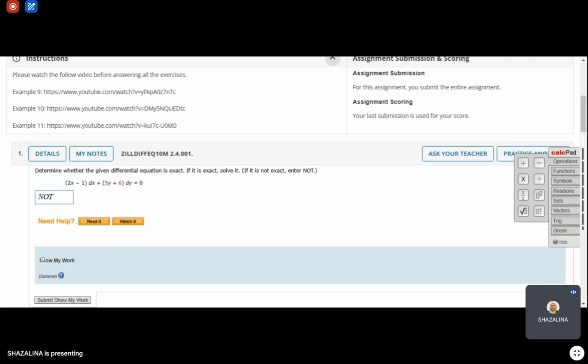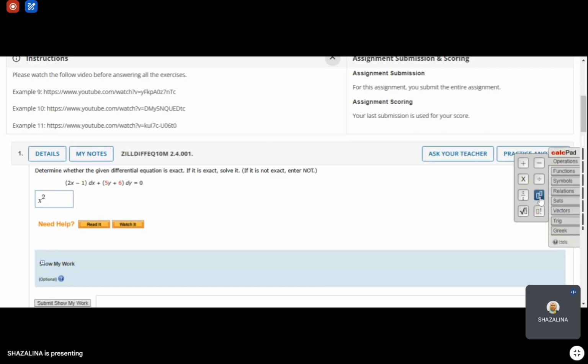If this is exact, you need to solve. For example, as before, our solution is x square y. So type x, and on the right side I have a calculator pad with symbols. Press this SUP and the square comes out. Then press the arrow to move on.